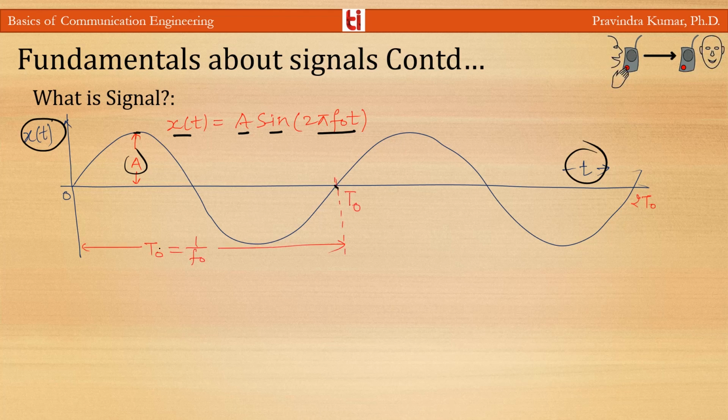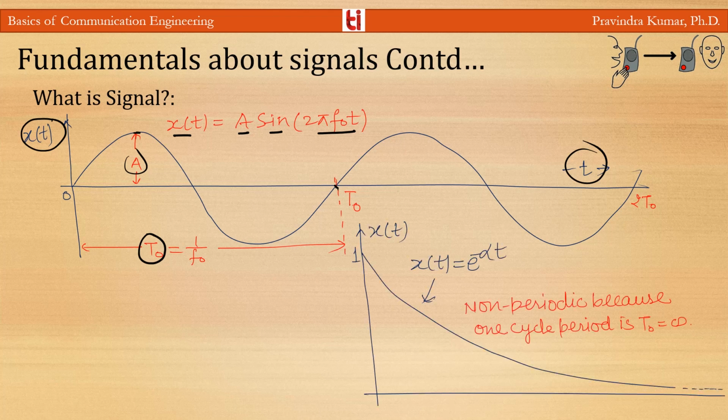So this is time period T0, it is 1 by f0. f0 is the frequency. So this is the periodic signal. And the non-periodic signal, you can say, is this exponential signal. This is non-periodic because one cycle period is infinite, and this exponential e to the power minus alpha t is a non-periodic signal.